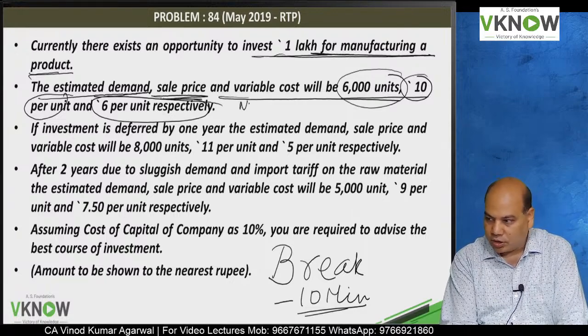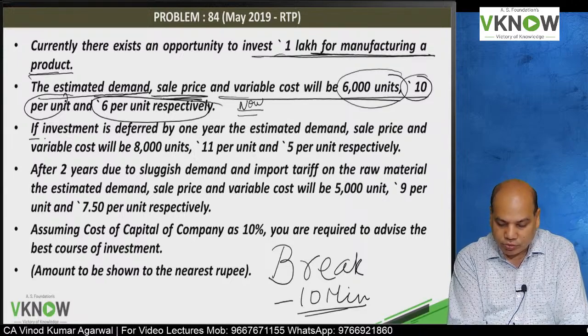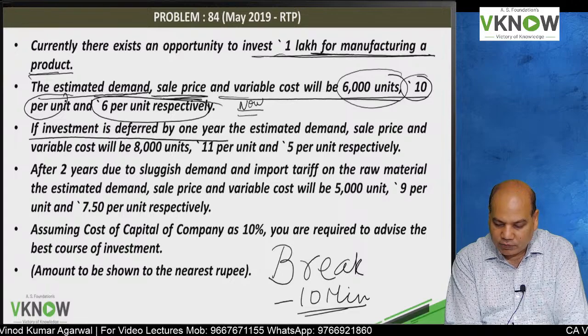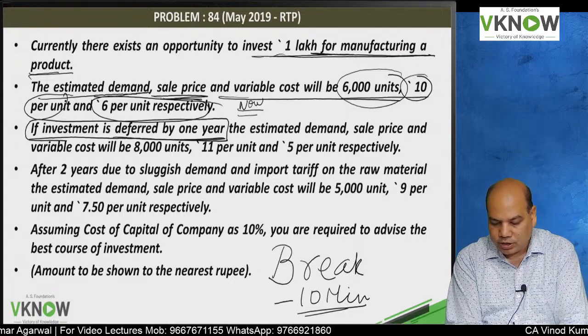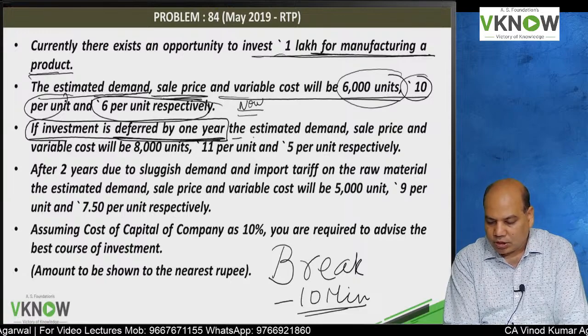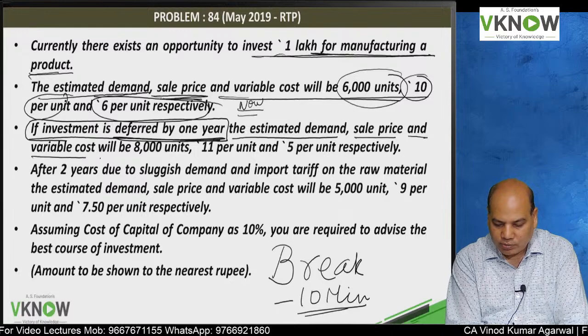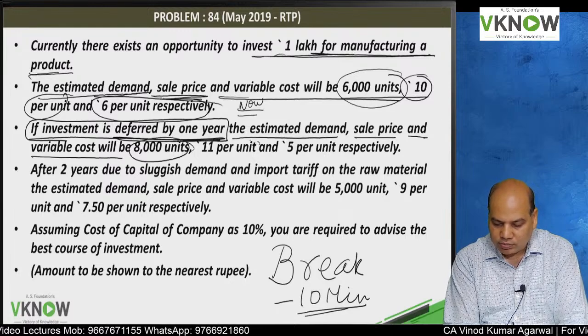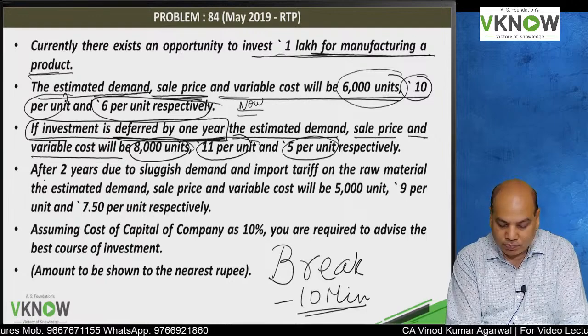So option 1 is now. Another option is if investment is deferred by 1 year, postponed for 1 year, the estimated demand, selling price and variable cost will be 8,000, 11 rupees, 5 rupees respectively.